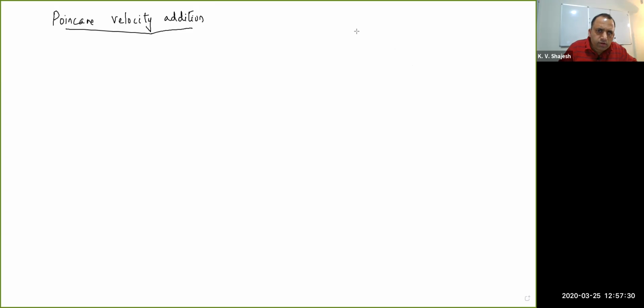So we consider a straight road, let's say, and on that we have an observer G who is not moving, so that represents the ground.